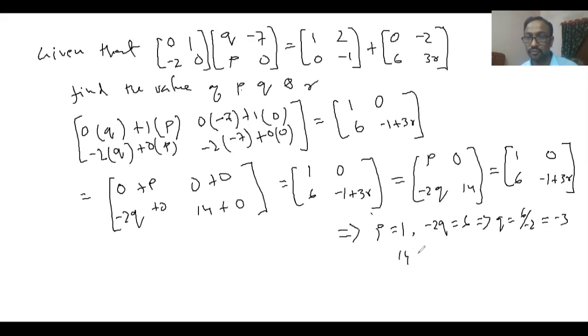And 14 will be equal to minus 1 plus 3r. So it will be simply 3r is equal to 15. Then r is equal to 15 divided by 3 is equal to 5, right? So we got the values here. P is equal to 1, q is equal to minus 3, and r is equal to 5.